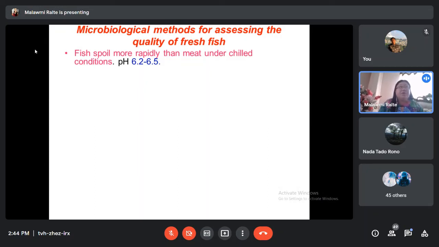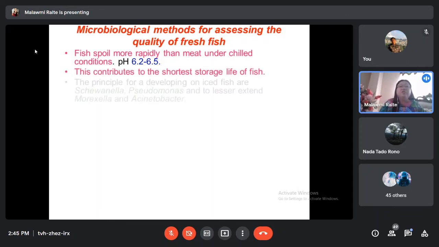I think you know from the previous classes that the pH of meat is 7 to 7.2. And even for egg it is 6.8, isn't it? Fresh egg. But again, for fish, the pH is still lower, that is 6.2 to 6.5.